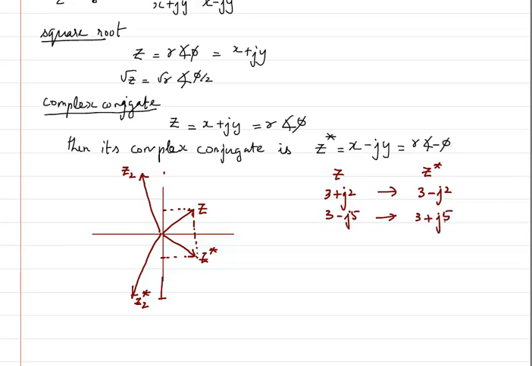You just invert the imaginary value, you have to change its sign. If it is minus 4 plus j6, then it is going to be minus 4 minus j6. I am not changing the real part sign, I am only inverting the imaginary part sign. Similarly, if I have minus 10 minus j3, then I will write it as minus 10 plus j3. That is the complex conjugate.